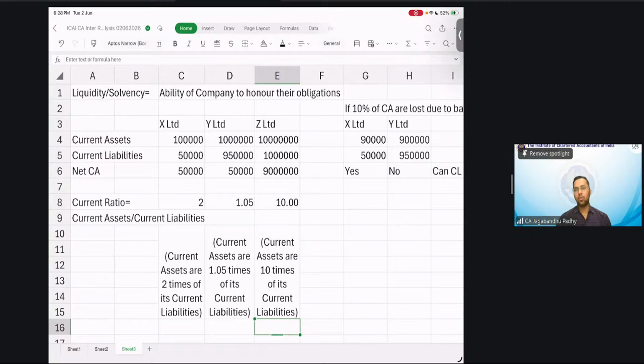What is it that's wrong with this very high current ratio? What do you feel?